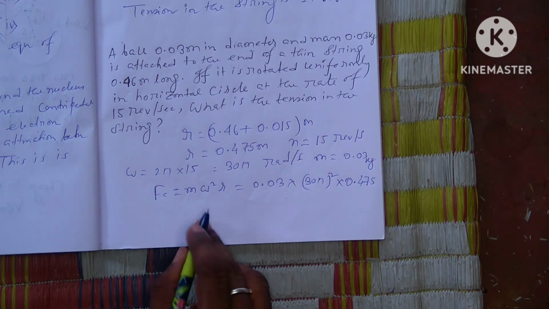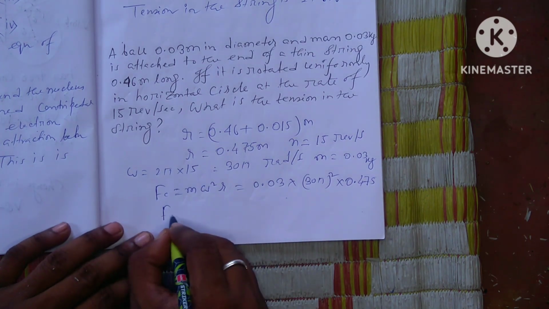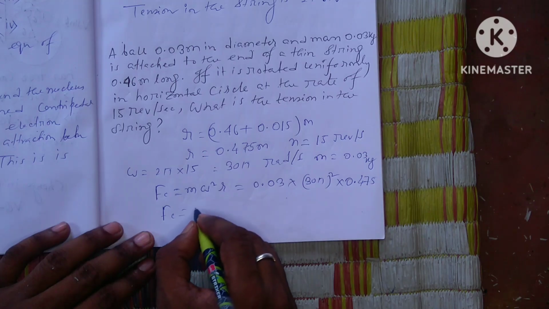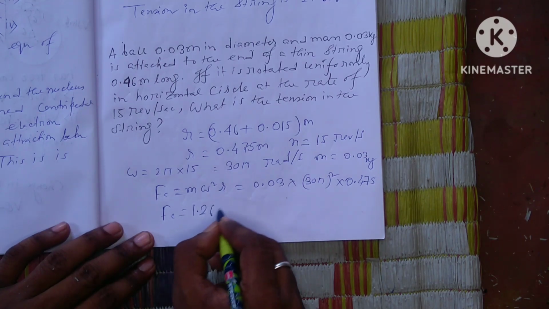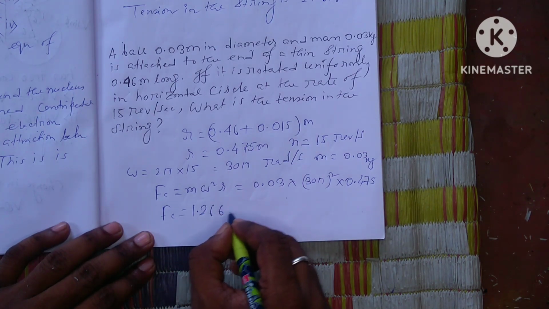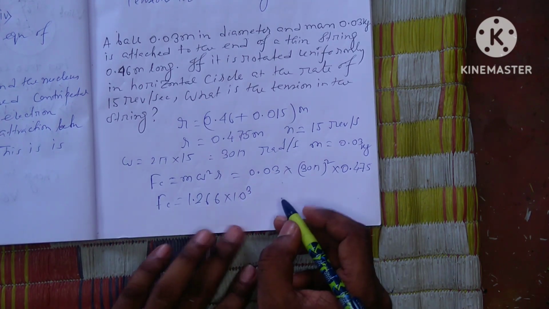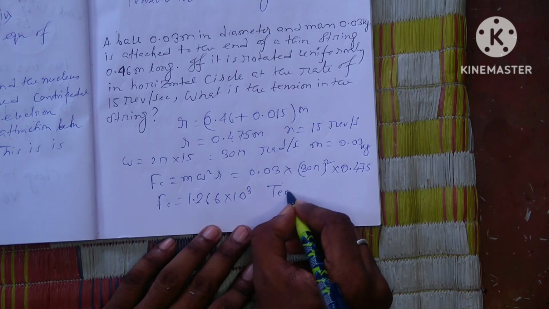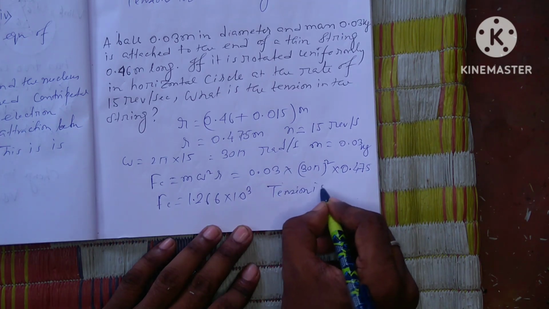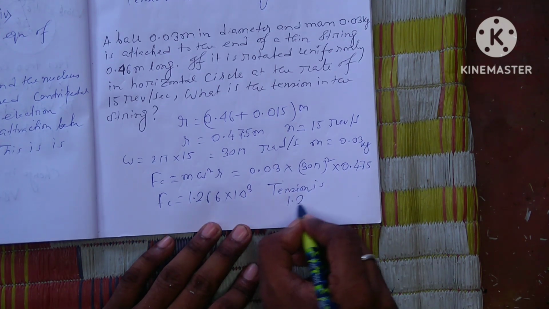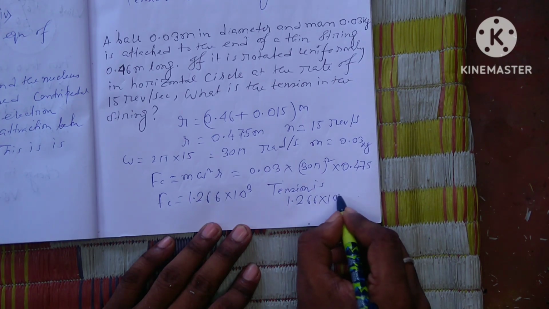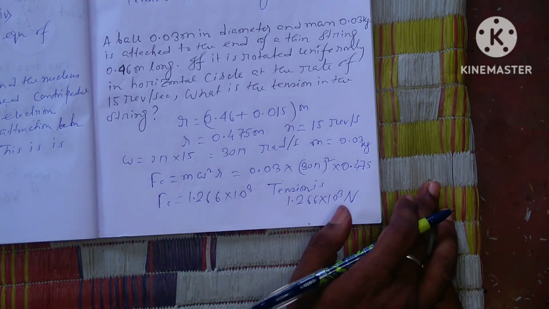We get Fc equal to 1.266 into 10 to the power 3. So the tension is 1.266 into 10 to the power 3 newton.